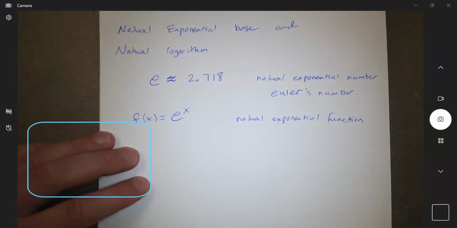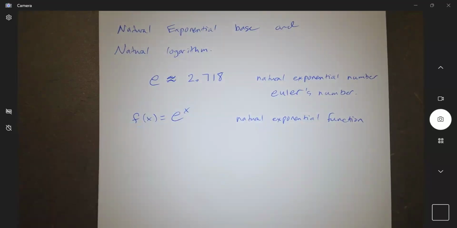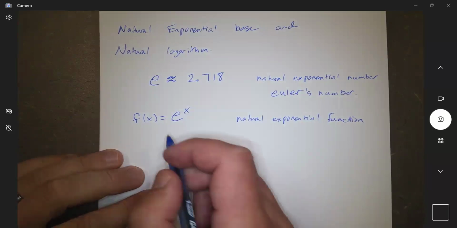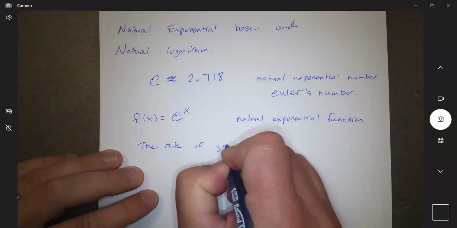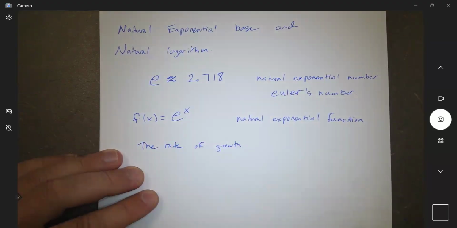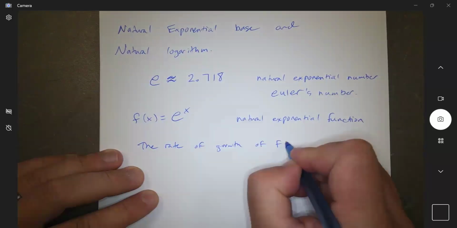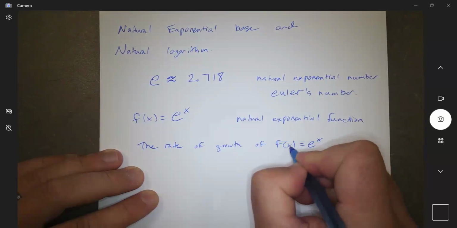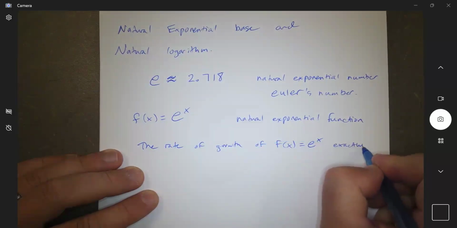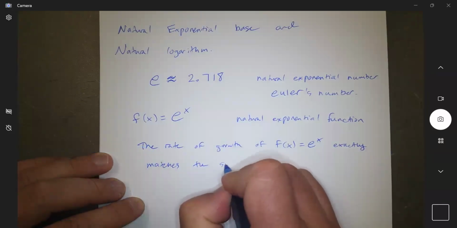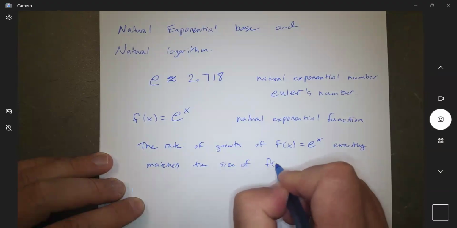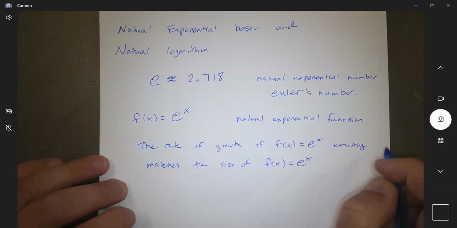This number is special because it's the number that represents growth that exactly matches size at every point. So the rate of growth, which remember is a percentage, of f of x equals e to the x exactly matches the size of f of x equals e to the x.